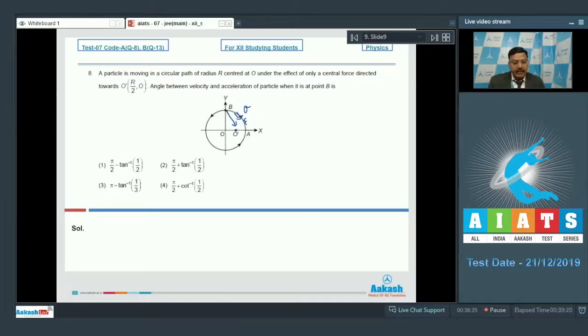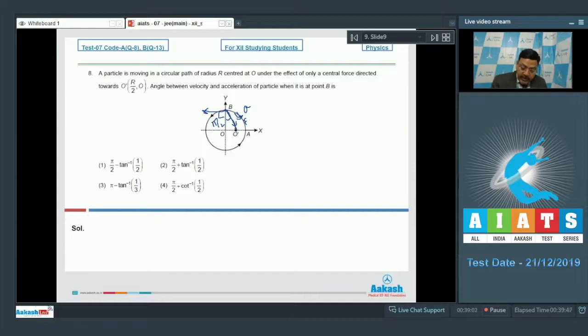And in that case, the direction of net acceleration won't be towards the center of the circle. That being the case, we have to find the angle between acceleration and velocity. Obviously, velocity will be directed along the tangent. We can see that this angle is 90 degrees or pi/2. And this angle we have to find now.